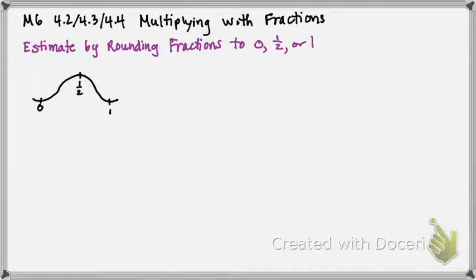So basically we'll have something like 7/9. Half of 9 would be about 4.5, so if I had to make a mark, I'd say about here would be 7/9.